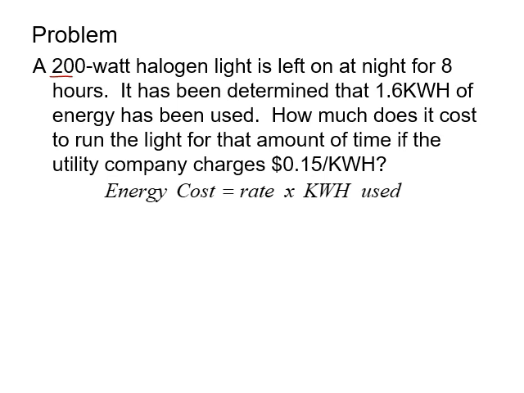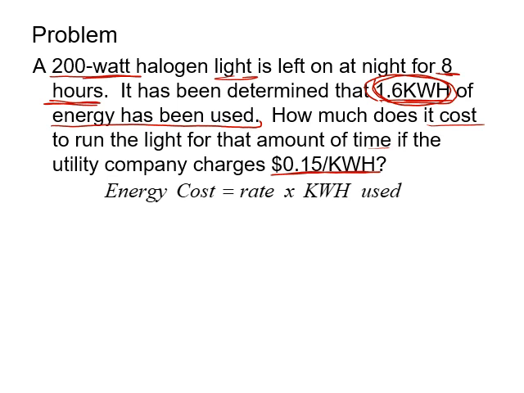A 200 watt halogen light is left on at night for 8 hours. It has been determined that 1.6 kilowatt hour of energy has been used. So this saves you the pain, he did the math already, and he tells you this much energy was consumed. How much does it cost to run the light for that amount of time if the utility company charges 15 cents per kilowatt hour, which is $0.15?